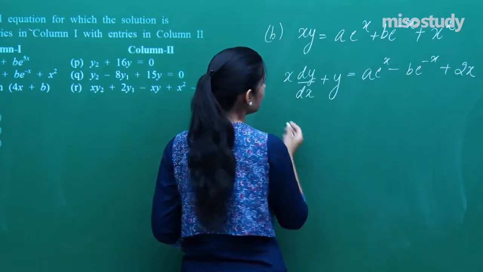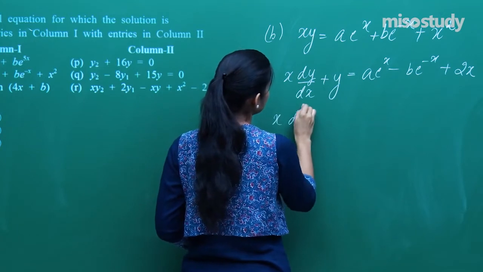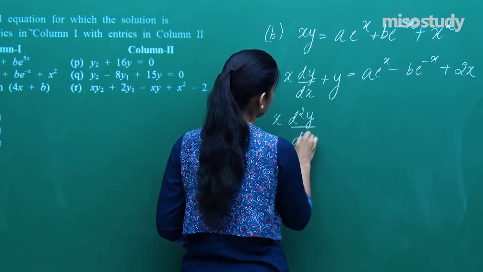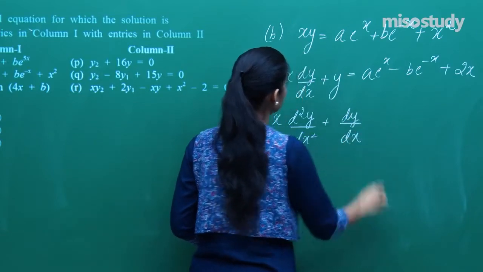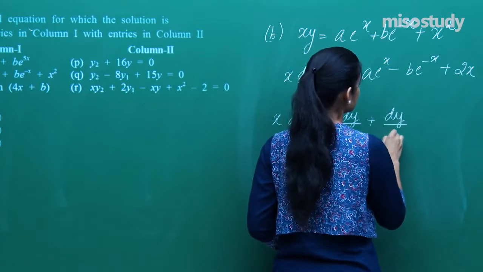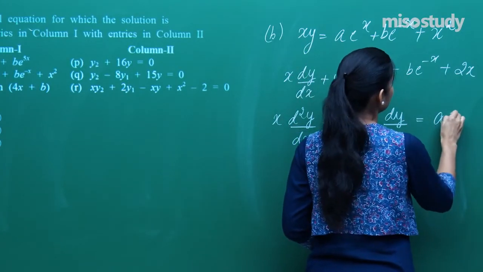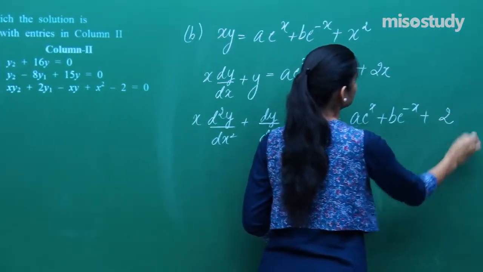Again differentiate, you are everywhere requiring the second derivative. So first into differentiation of second plus second into differentiation of the first plus dy by dx equals a e to the power x plus b e to the power minus x plus 2.